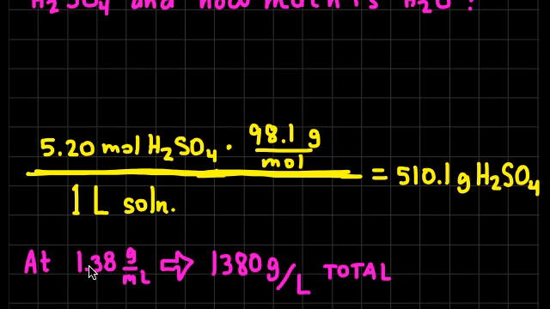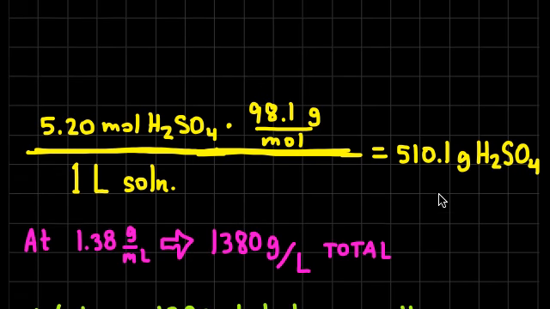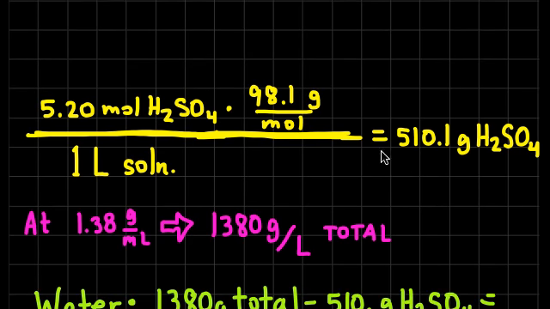They told me the density was 1.38 grams per milliliter, and that tells me the total mass for 1 liter, 1380 grams. So in this 1380 grams total of the 5.2 molar, I have 510-ish grams of acid. That means the difference between this one and this one must be water.